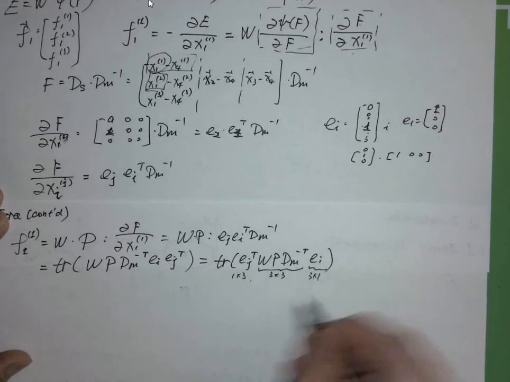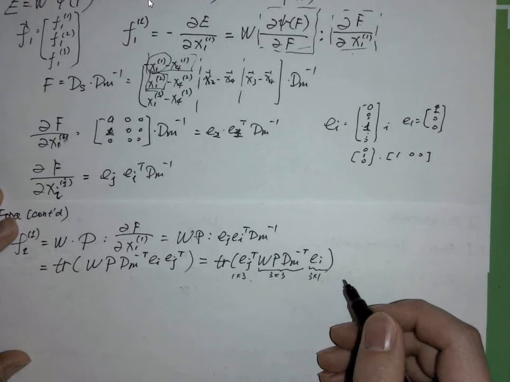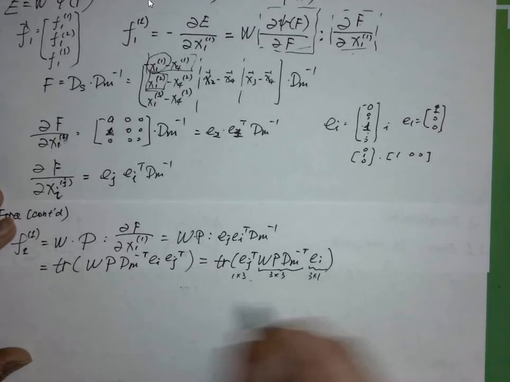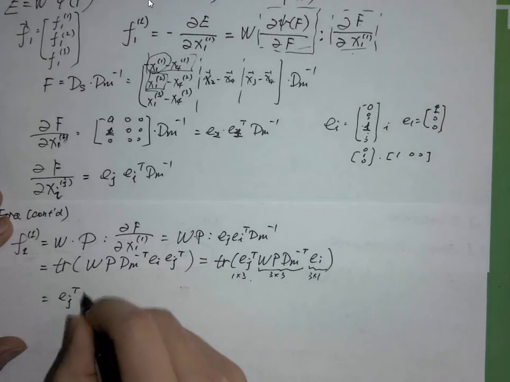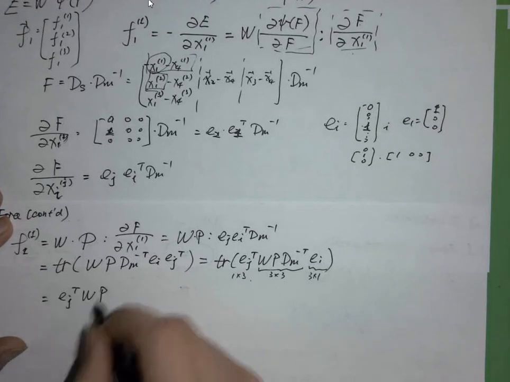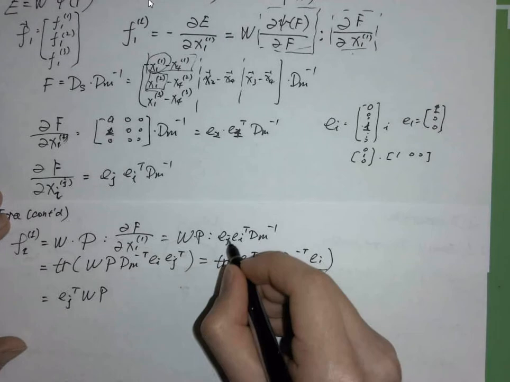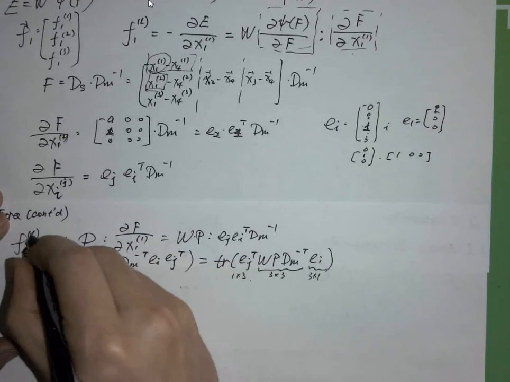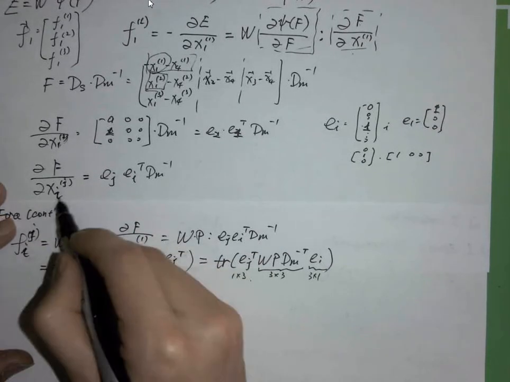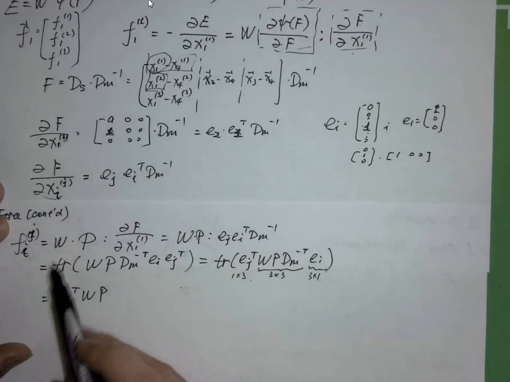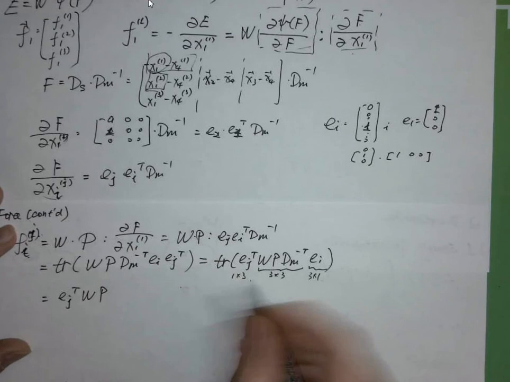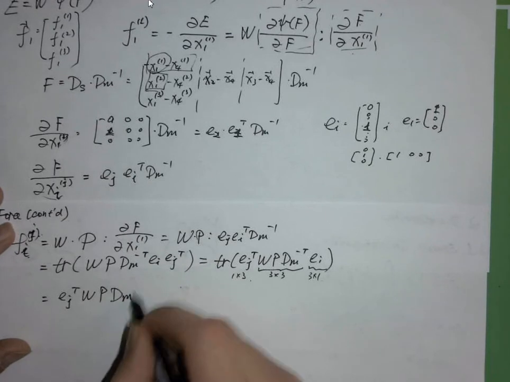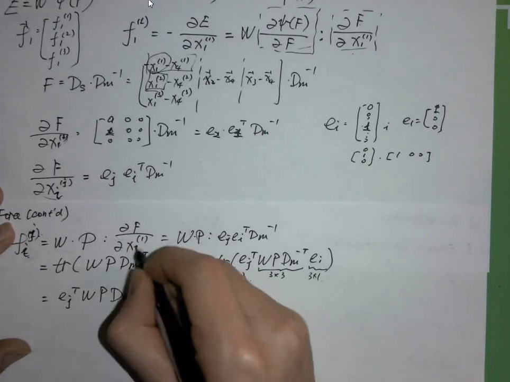So the total thing is a scalar. The trace of a scalar is itself, so I'm going to just get rid of the trace. It becomes Ej transpose WP. Oh, sorry, it's not Ei, Ej. This one is i and j because I'm already plugging in the generalized form. It's applying on the ith vertex on its jth coordinate, right? WP Dm inverse transpose.